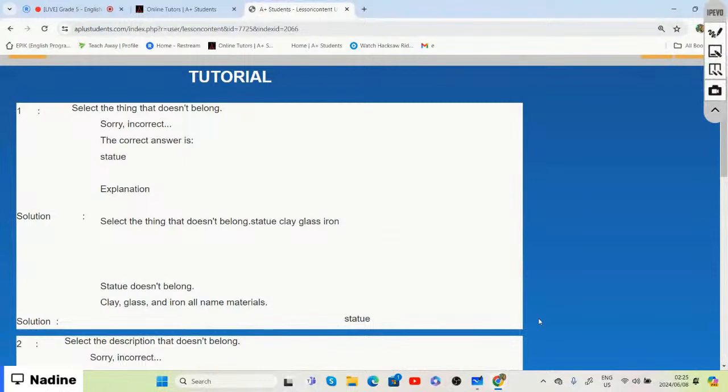And if there is something that doesn't belong there, since it's part of related words, it is being removed, because it doesn't belong to that specific group.